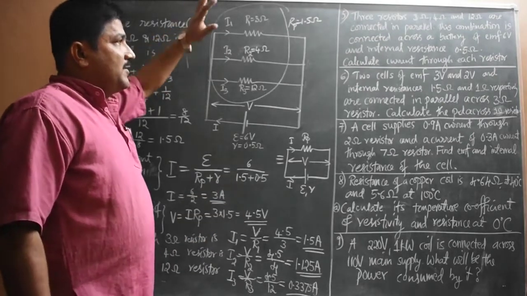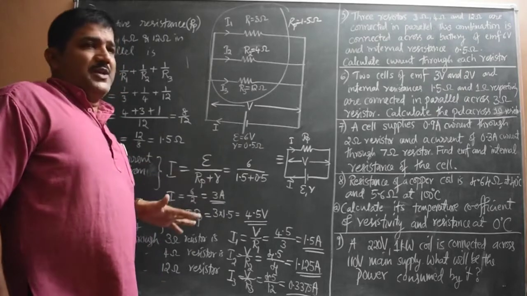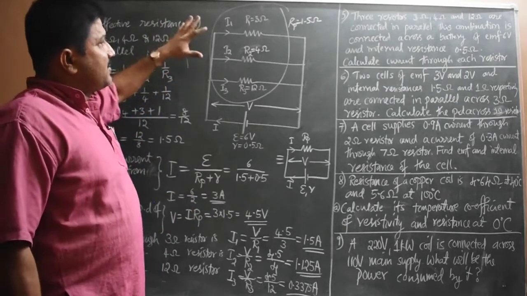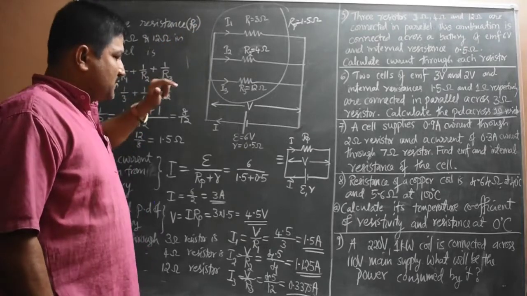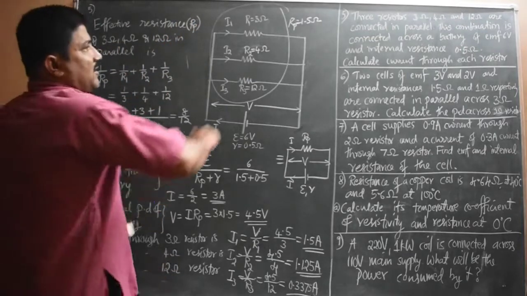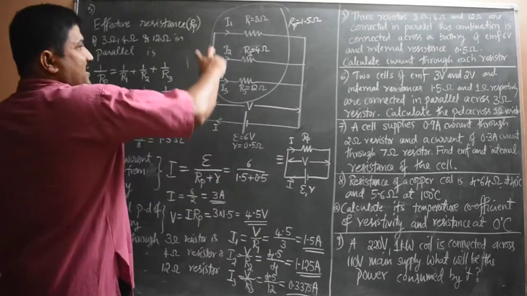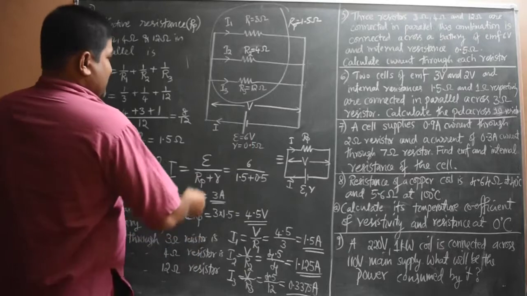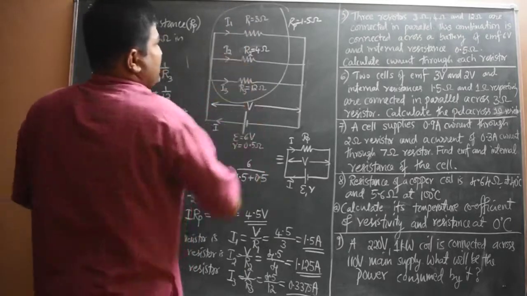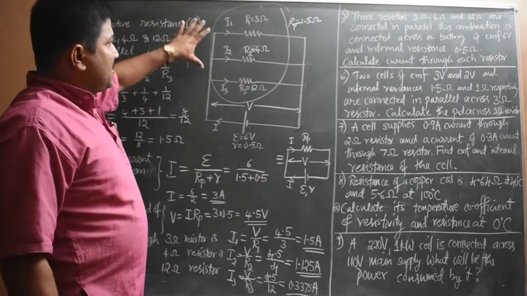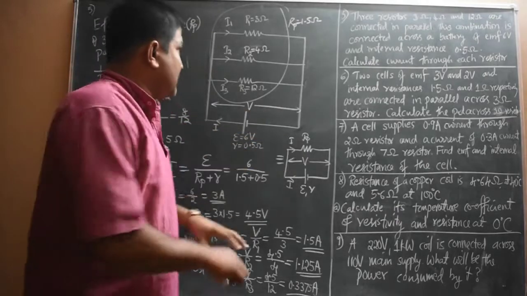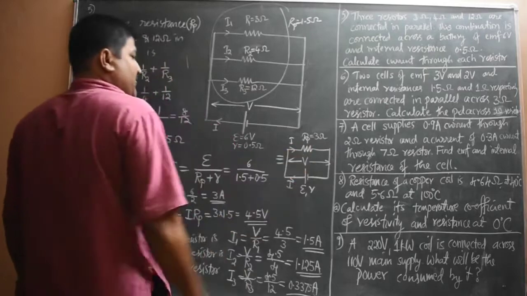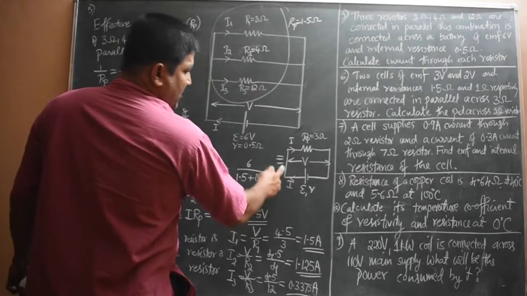Whenever a combination of resistors or cells is given, put the circuit diagram so you get some idea, and then you get the steps one by one. Firstly, get the effective resistance of the parallel combination, like Rp here, 3 ohm. Then after getting the effective resistance, find the main current drawn from the cell.